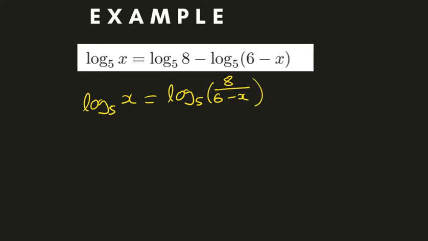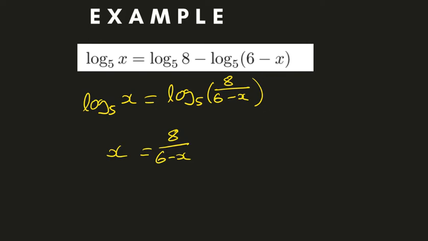Now, from here, we've got a different strategy to use because we've got log base 5 of x equals log base 5 of 8 over 6 minus x. To me, that implies that x is equal to 8 over 6 minus x. Log of this is log of that. We've got the same base, so therefore those things inside those logarithms are the same.